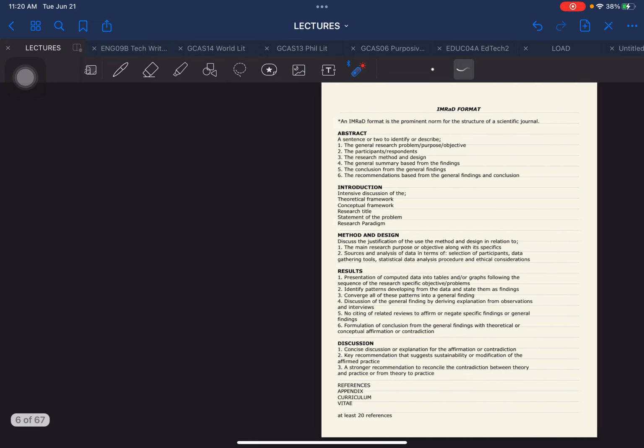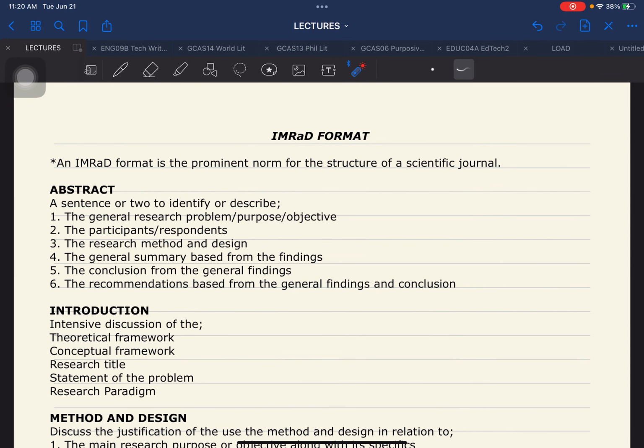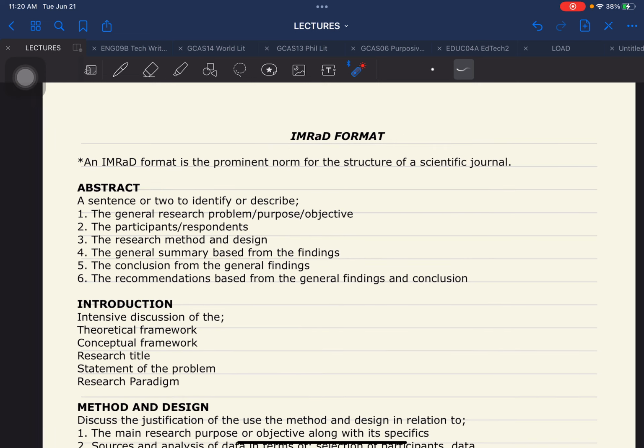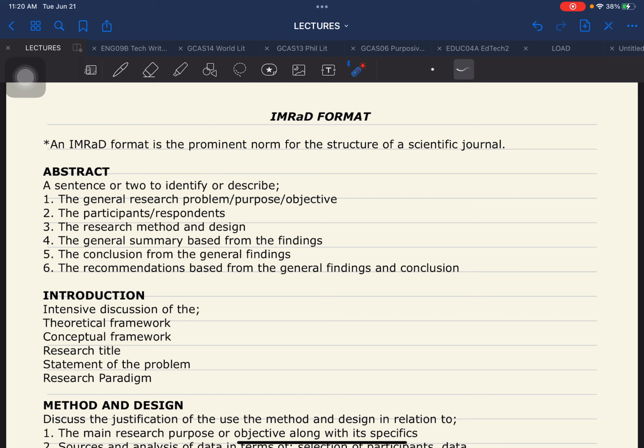Now, an additional information is the Imrad format. So there are a lot of comments and a lot of inputs being given in our social media platform, both in YouTube and our TikTok account, that the Imrad format is the new format and the full research format is the old format.